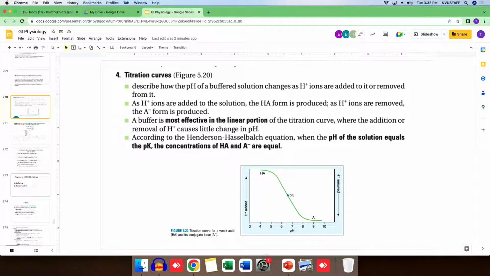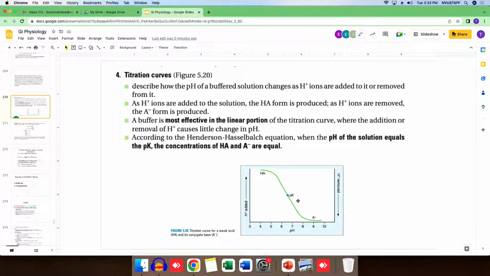The buffer is more effective in the linear portion of the titration curve, right here. In other regions it works by adding very little and changing the pH really slowly.